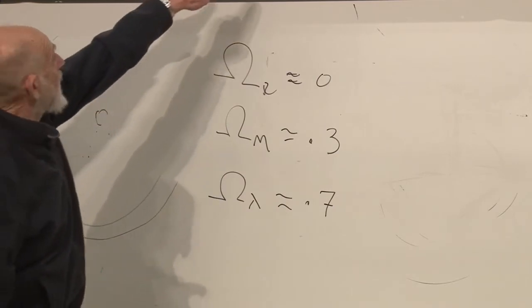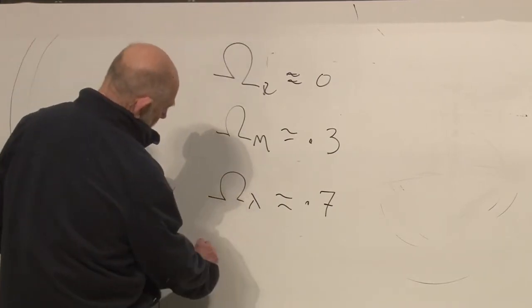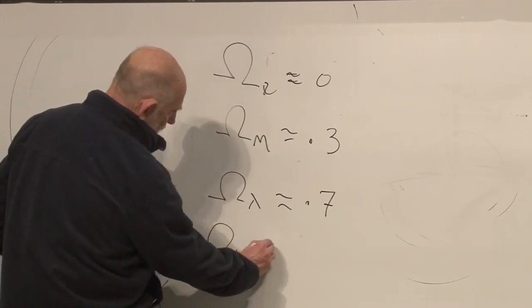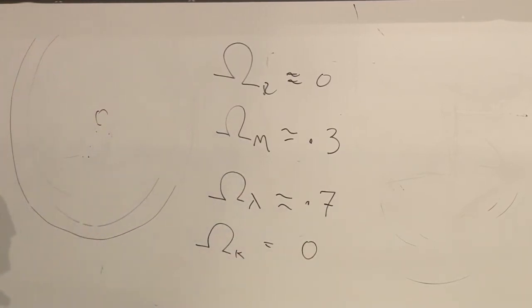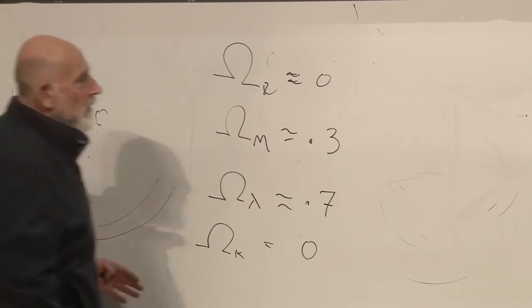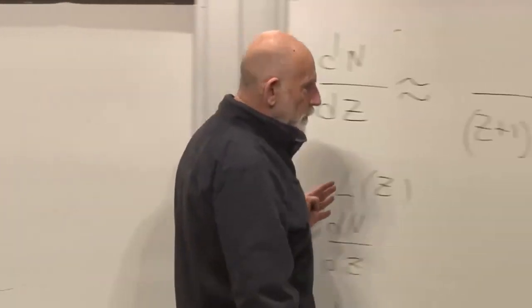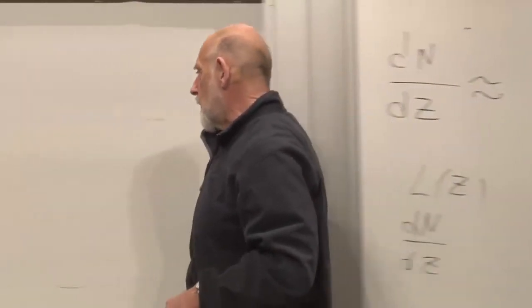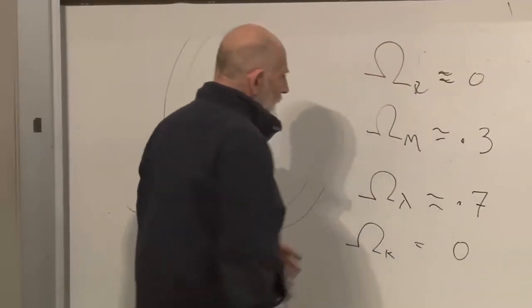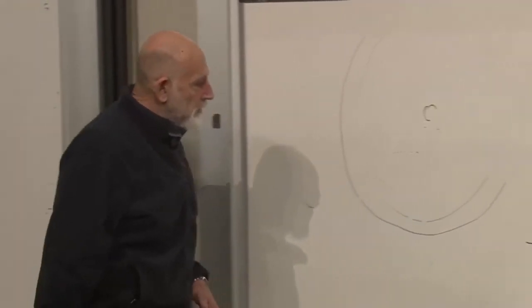And omega k about 0. This is observational fact. Very little theory has gone into this. Well, theory has gone into it, but no particular biases about what to expect. This is pretty much what the unbiased raw data says.